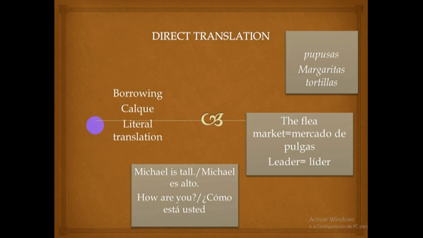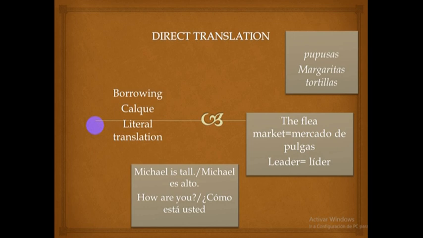So let's analyze this little sentence. You can notice the noun Michael, the verb is, and the adjective tall. And in Spanish you translate the same elements. You translate the name Michael, you translate the verb is into es, and the adjective tall, alto.